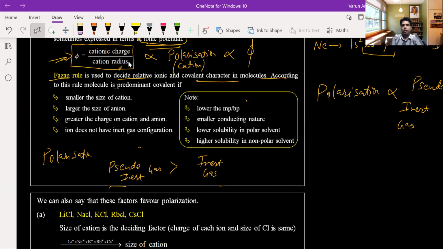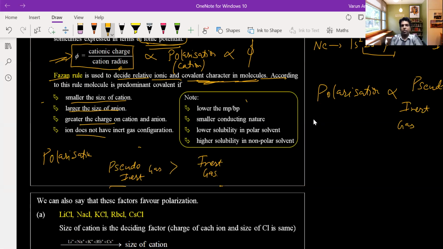Next, Fajans rule is used to decide the relative covalent character in the ionic compounds. So according to these rules, if smaller is the size of the cation, more is the polarization, more is the covalent character. If larger is the size of the anion, more is the polarization, more is the covalent character. Now greater is the charge of the cation and anion, more is the polarization, more is the covalent character.